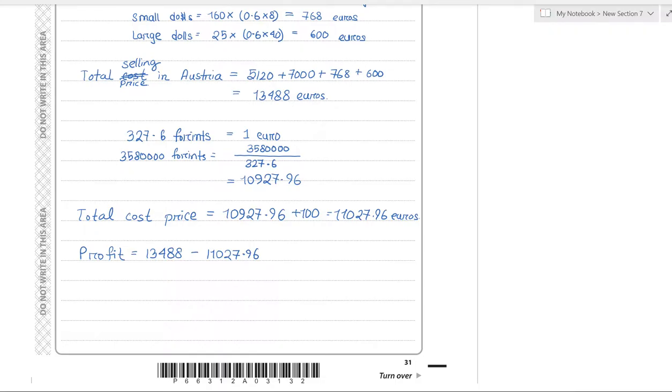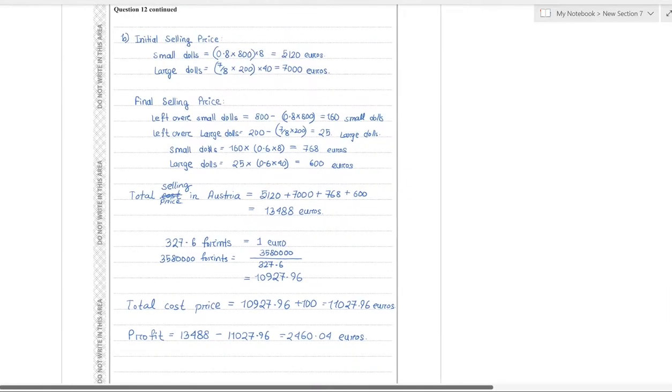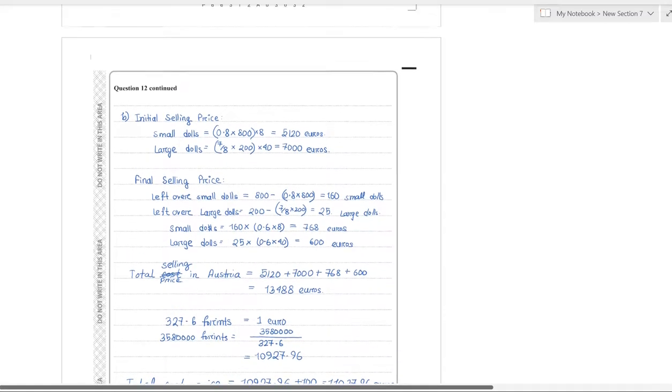If you subtract it, you get the value for the profit, that is 2460.04 euros. So with this, our entire question part B ends. It was a very lengthy maths. Moving to part C.